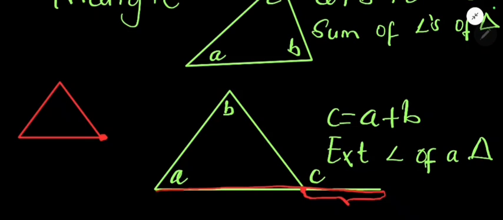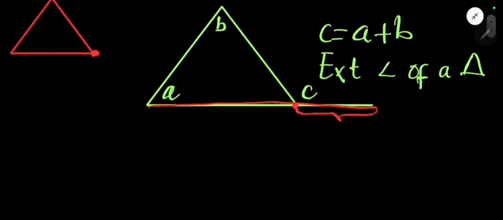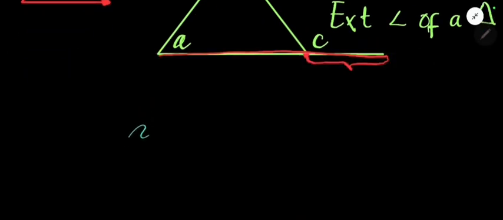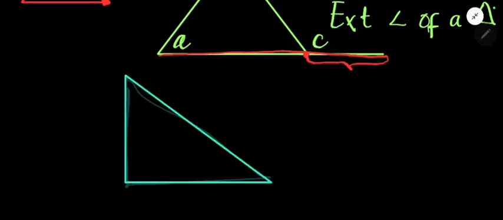Okay, then what else do you know about triangles? You can also talk about a right angle triangle. Remember, right angle triangle, I said it is a triangle that has one angle being 90 degrees.